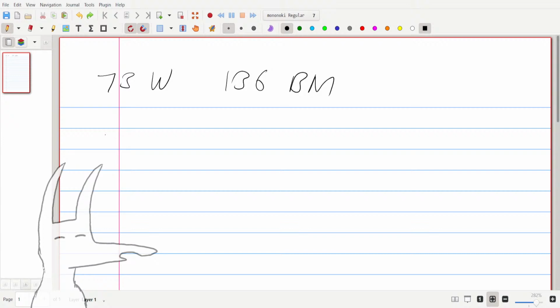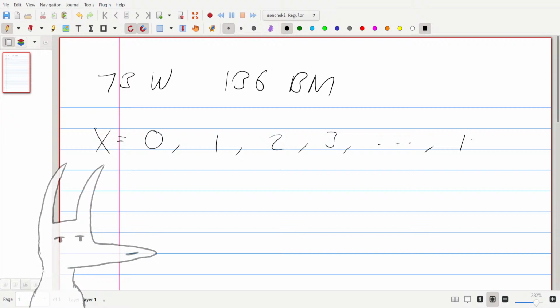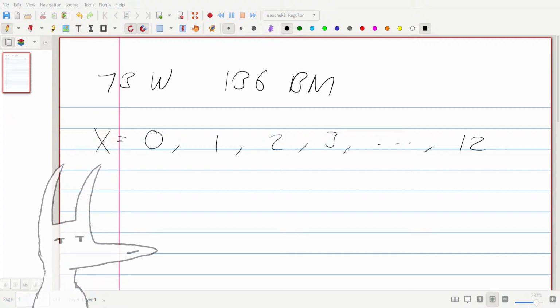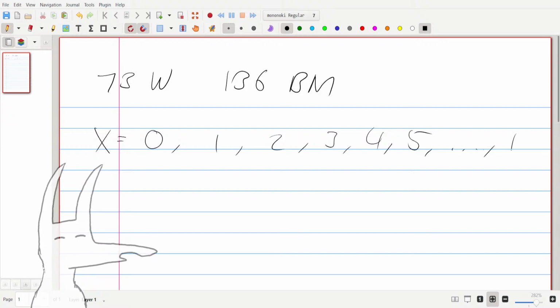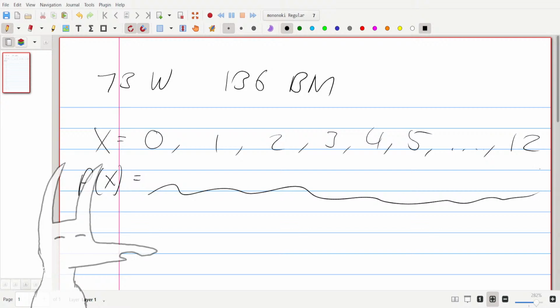So if we let x be the number of white marbles you observe, x can be 0, 1, 2, 3, all the way up to 12. Now we're just interested in seeing 5. So it will go up to 5, and then we'll have that up till 12. And now we have the probability of x occurring, and then we just have to figure this out.